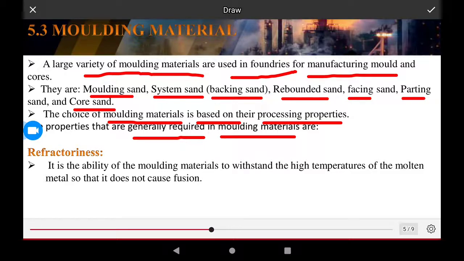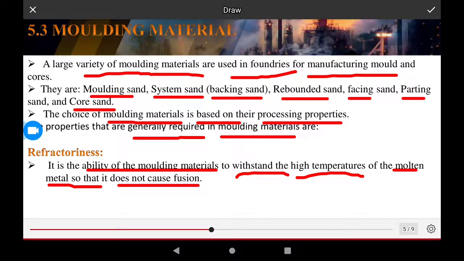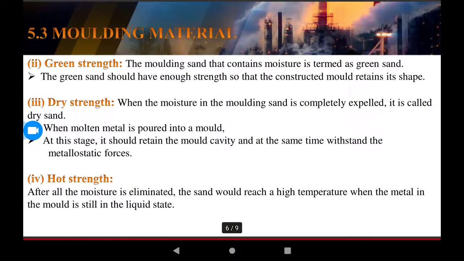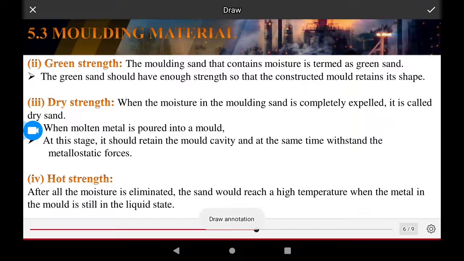Refractoriness is the ability of the molding material to withstand the high temperature of the molten metal so that it does not cause fusion.